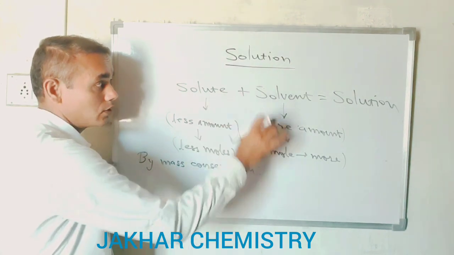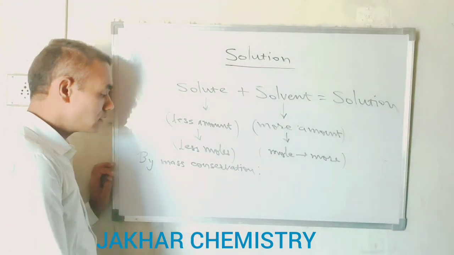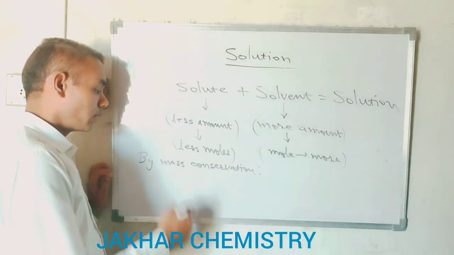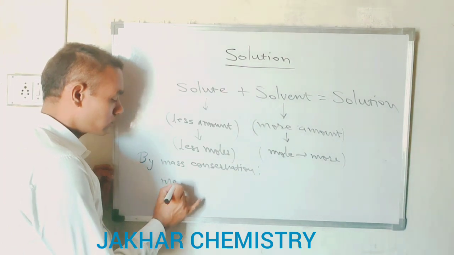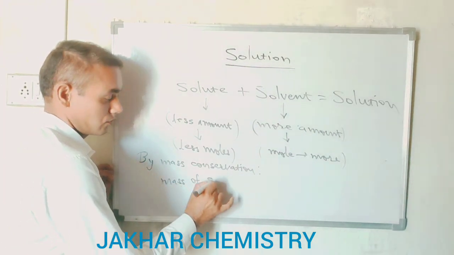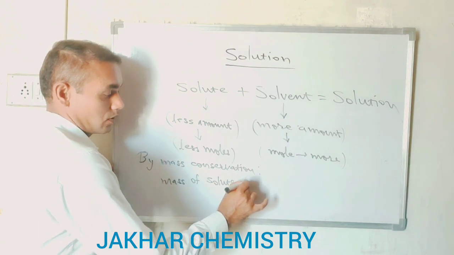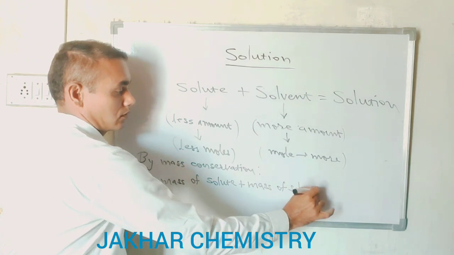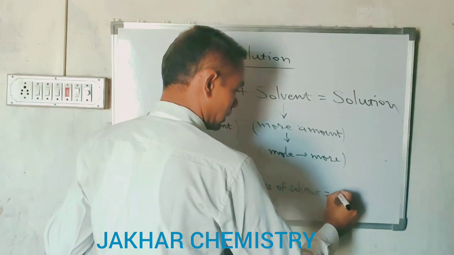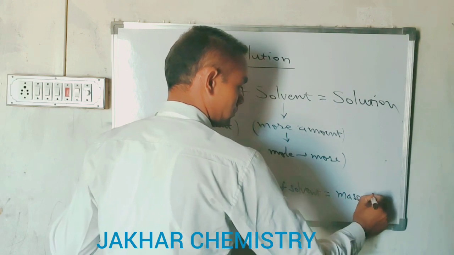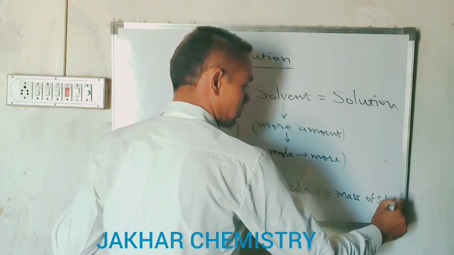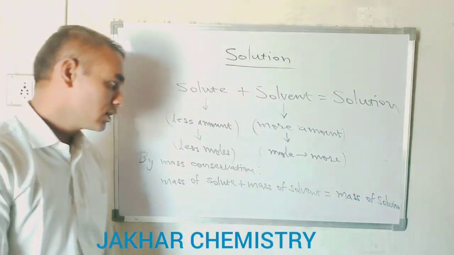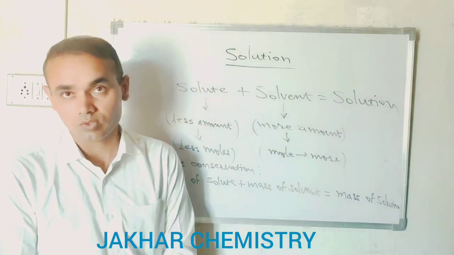In case of binary solutions, we have two components, solute and solvent, and when we mix them there is formation of solution, and by mass conservation we can say mass of solute plus mass of solvent will be equal to the total mass of solution. Mass of solution.